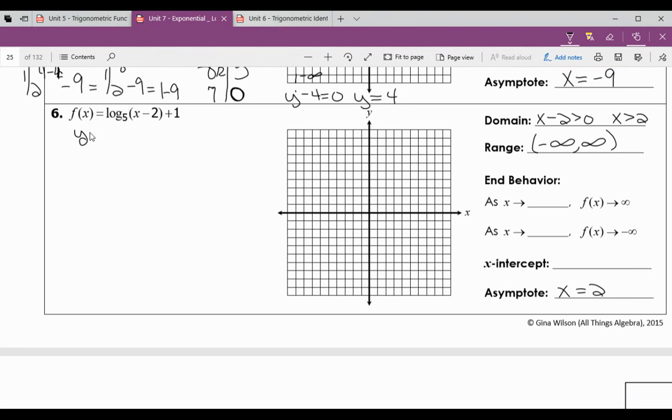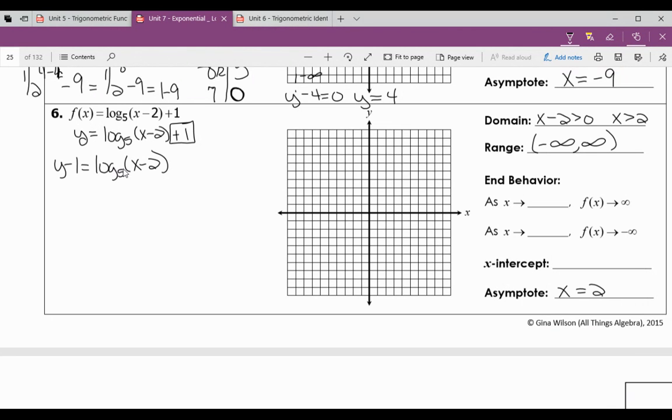First thing we're going to do, take f of x out, replace it with y. You will always move the outside number. If you've got a number that's not in that group, move it first. So that will be y minus 1 equals that logarithm with that group attached.